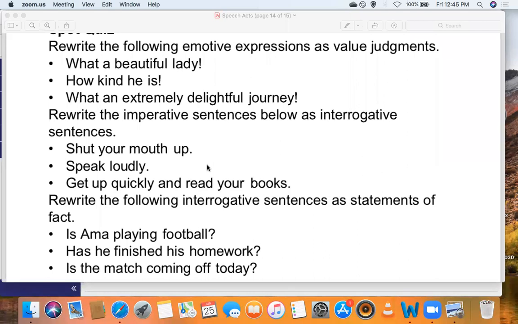The lady is beautiful. You can say that as well. Okay, thank you, sir. All right. And then rewrite the imperative sentences as interrogatives. So the imperative, shut your mouth up, make it an interrogative. Yeah, hello, sir.